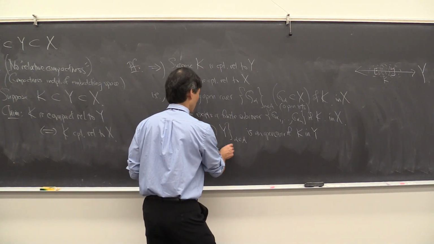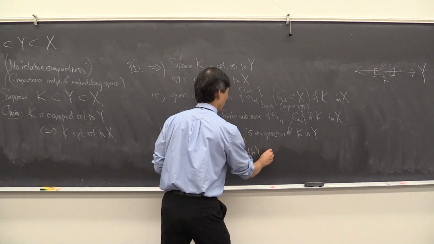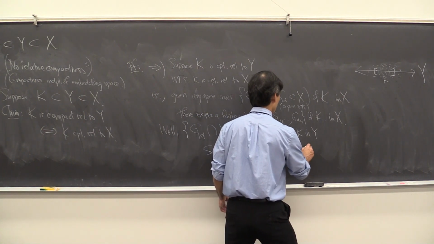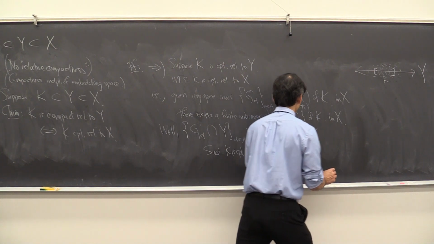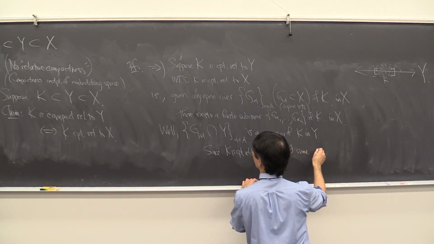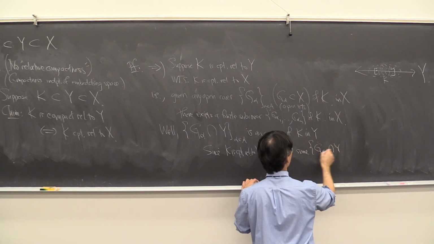Since K is compact relative to Y, K is covered by some G alpha 1 intersect Y, and so on.